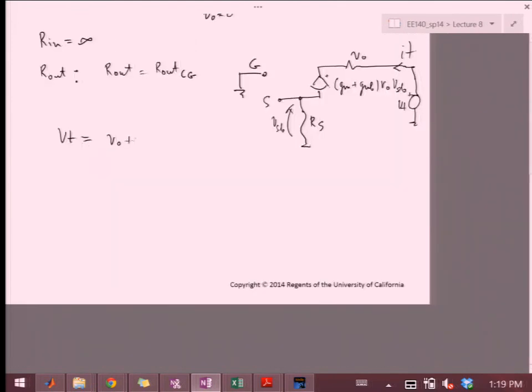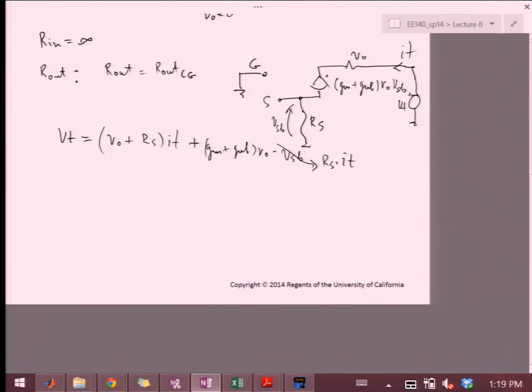So it will be (r0 plus RS) times IT. And then just this voltage source, right, which is (gm plus gmb) r0 times VSB. Okay, I'll write it as VSB, but that VSB is really IT times RS, right?